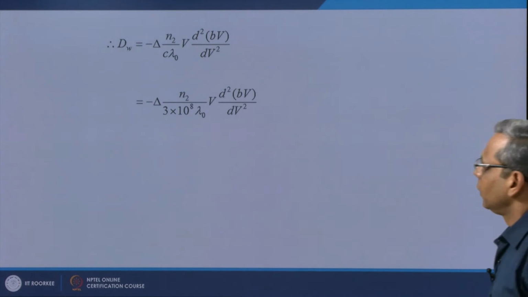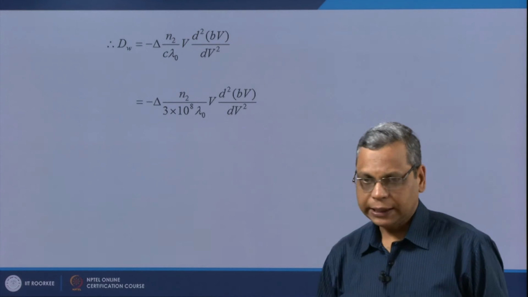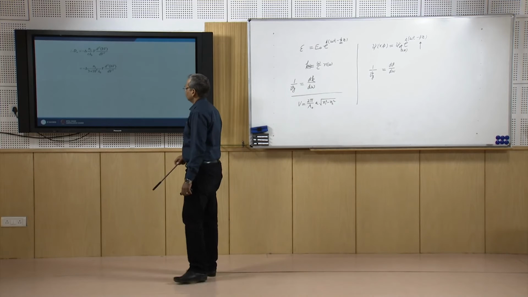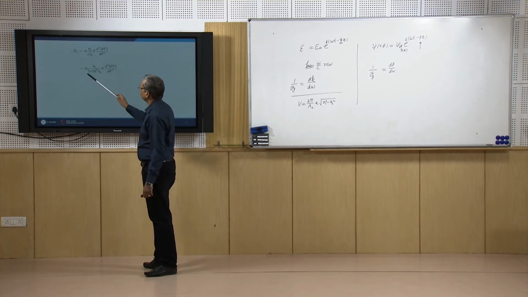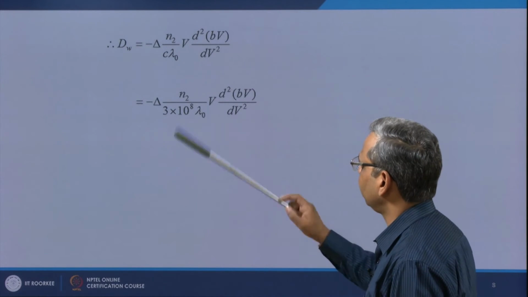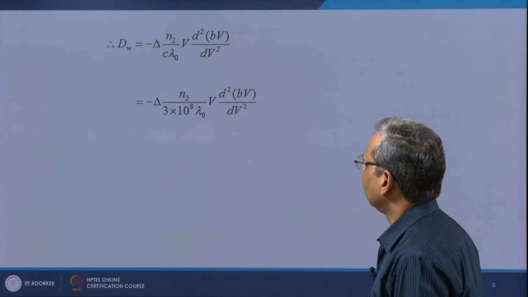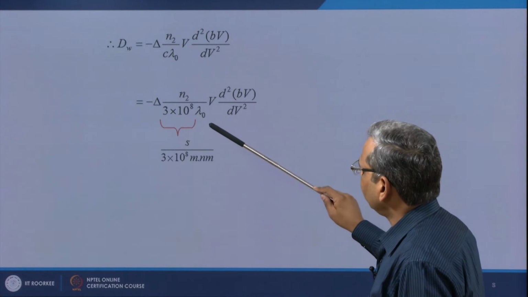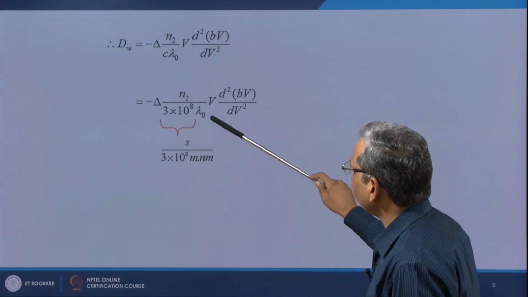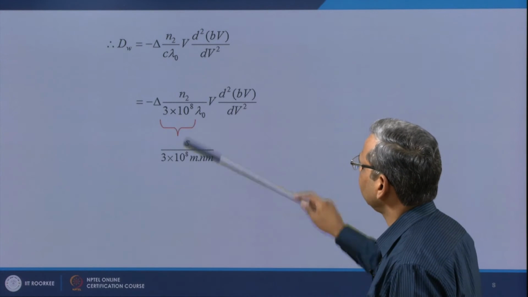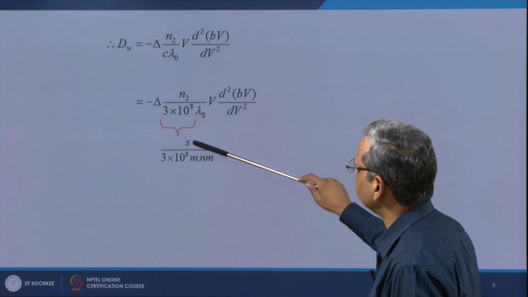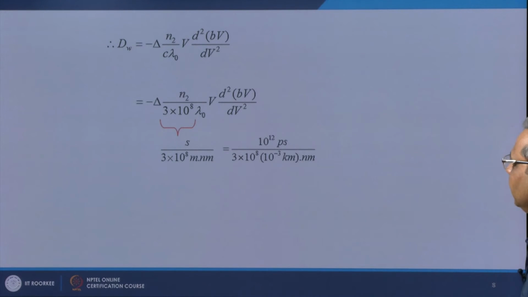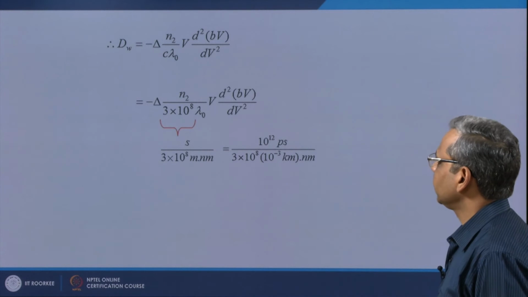I can express it in picoseconds per kilometer nanometer. So, I put the value of C here, which is 3 into 10 to the power 8 meters per second, and if I put lambda naught in nanometers, then the dimensions would be seconds per meter nanometer, and this would be 10 to the power 12 picoseconds.